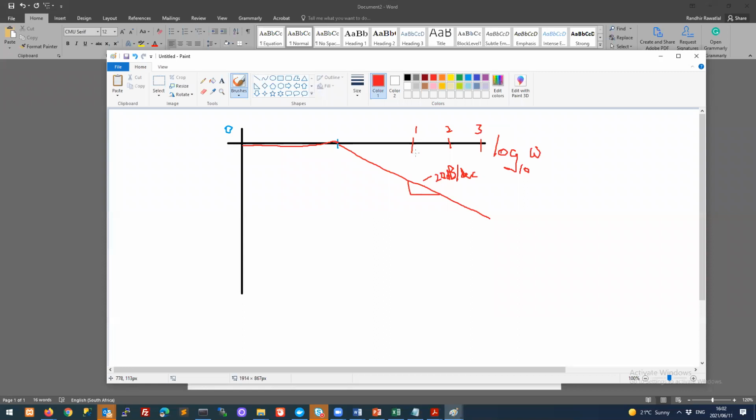So for each unit here, it's a factor of 10. So that's where the per decade comes from. Per 10 in omega, it's a slope of minus 20. So L here, remember this is minus 20 log 10. So we call that decibel. So that's where that term comes from.